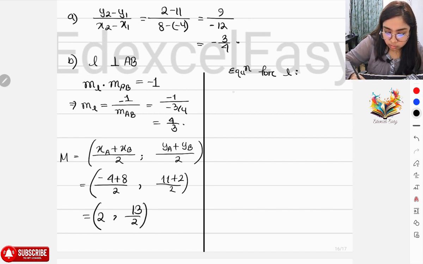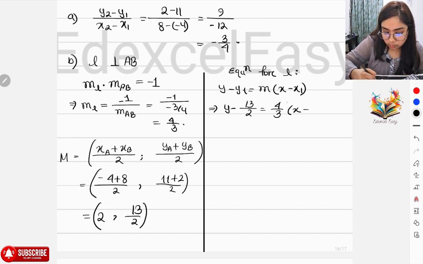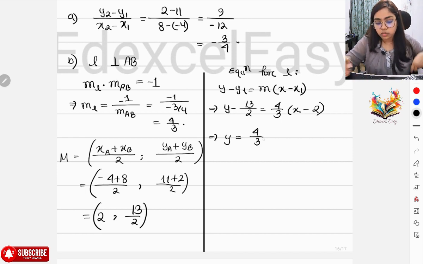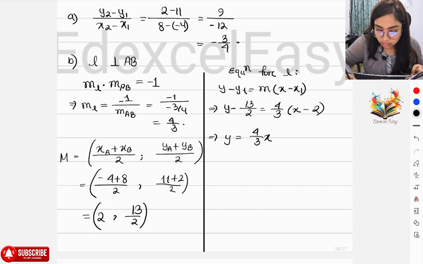Now you have y minus y1 equals m times x minus x1, and that would be y1 is 13 by 2 and m is 4 by 3, x1 was 2, which becomes y equals 4 by 3 x. 4 by 3 multiplied with 2 is 8 by 3.